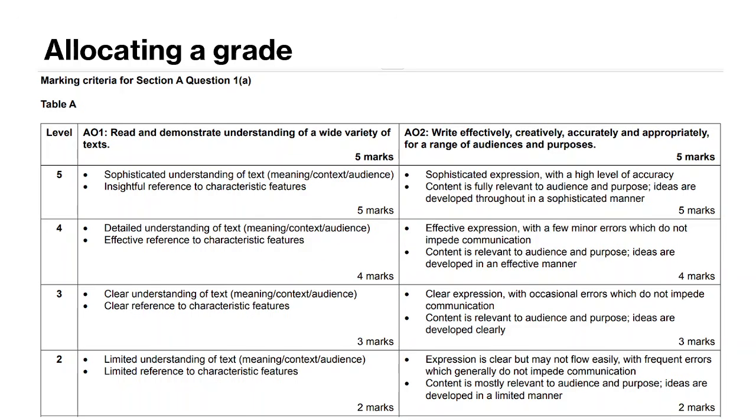So how would I allocate a grade for this? Okay. Was there a limited understanding of the text? I didn't see any great references to the text. Okay. There were 1 or 2 points. Was the understanding clear?